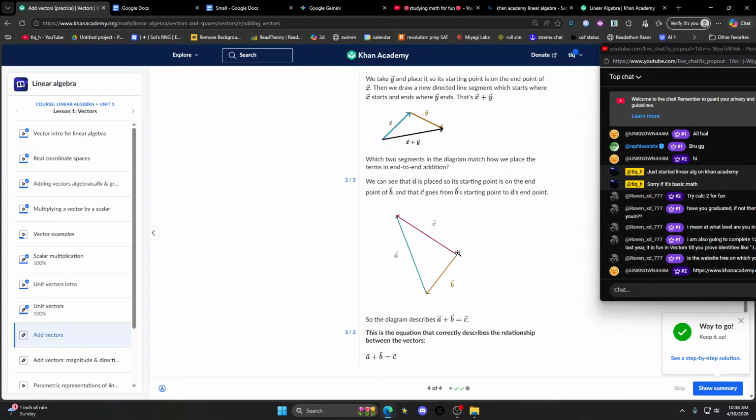Let me notice the pattern real quick. Identify it, diagnose it. So it's saying A plus B plus... It's basically saying that the one without the two tails is the one you get by adding the ones with tails. Okay, no, I see now.